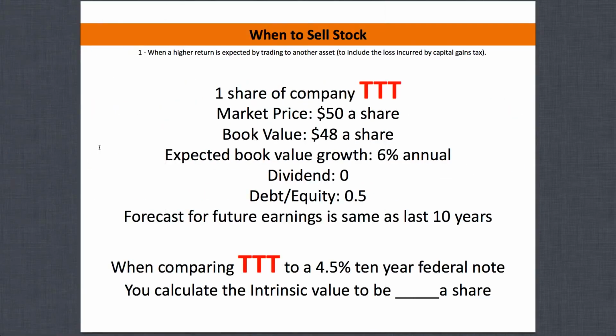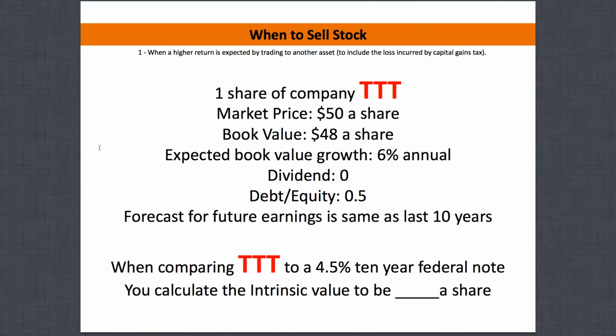Okay, so one share of company TTT. We're going to say that the market price on TTT is $50 a share. We're going to say, just by coincidence, that the book value for this company is also $48 a share, just like the last company, okay? And our expected book value growth is 6% with company TTT, which is 1% higher than what we had with company XXX.